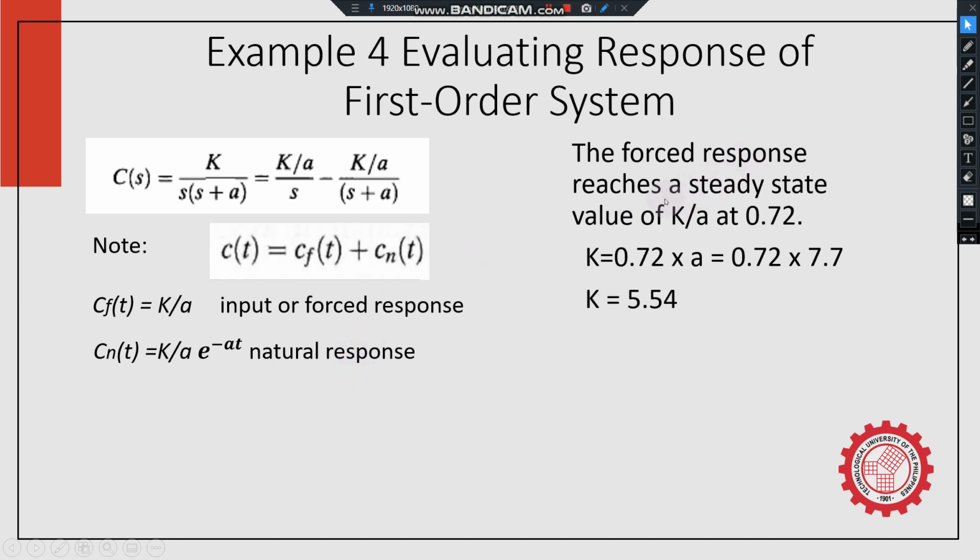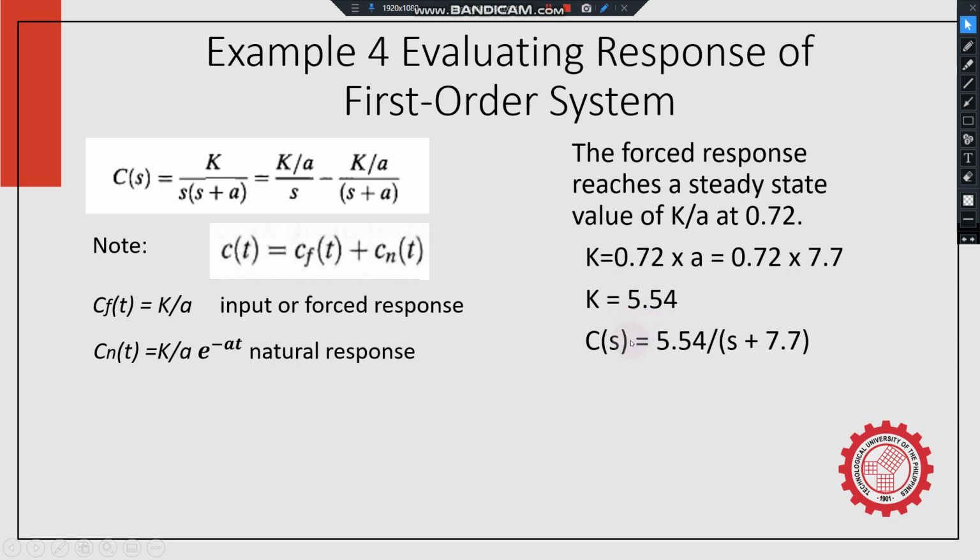And therefore, the steady state of 0.72 is equal to K over A, because again, this numeric coefficient is the amplitude of the forced response. So from this equivalence, if we transpose A to the other side, K will be equal to 0.72 times A. And since we have identified A to be 7.7, therefore K is 5.54.